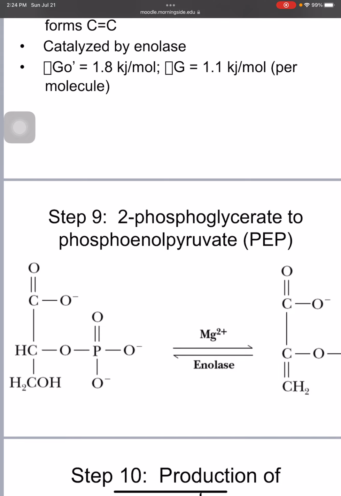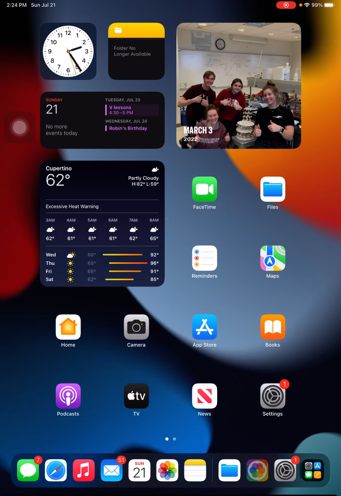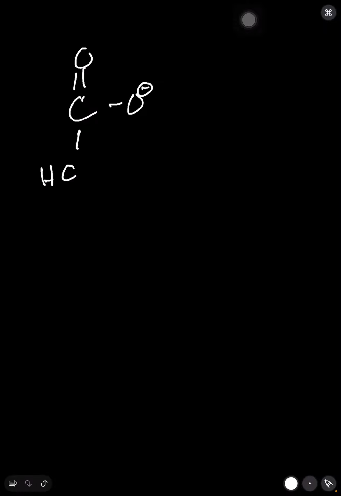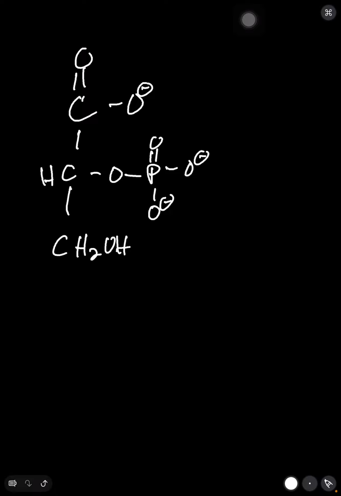I actually am going to go to the whiteboard here because I can draw it a little bit better to show you. Okay, so there is your 2-phosphoglycerate.